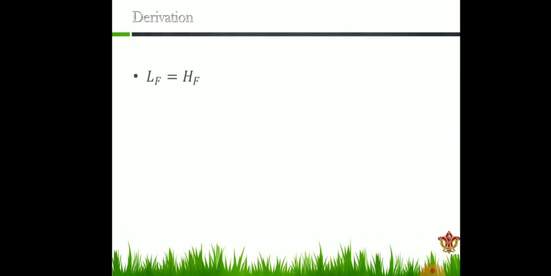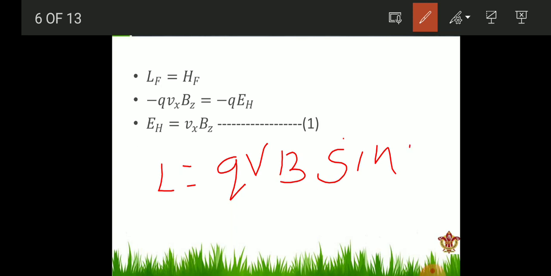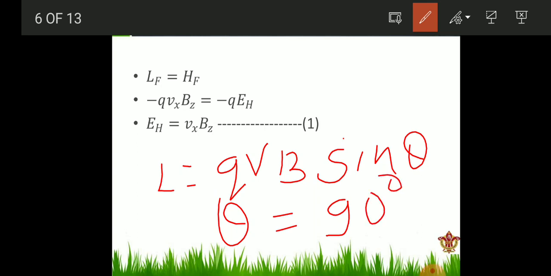Now, according to the law of conservation of forces, for this particular condition the Lorentz force is equal to the Hall force, because Lorentz force is the combined effect of electric and magnetic field. So the value of Lorentz force is minus Q Vx Bz equals minus Q EH. Why is this happening? As we all know, Lorentz force equals Q V B sin theta, but for this condition theta is 90 degrees because electric and magnetic fields are perpendicular to each other.